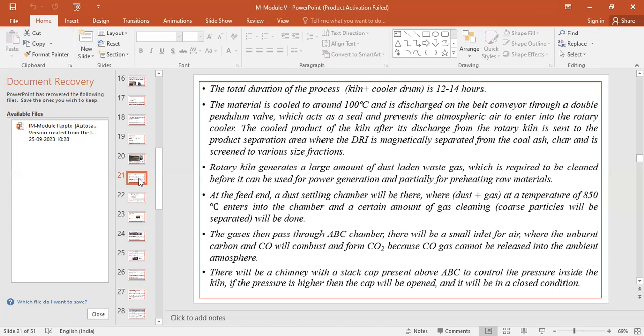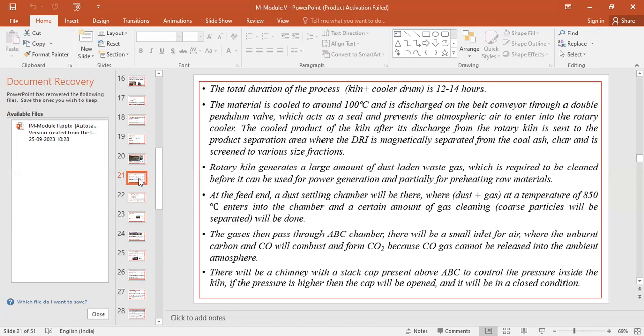That is the entire mixture you have. If you want to collect the cold DRI, we need to separate this tar and coal ash from the DRI. For that, we basically use a magnetic separator. DRI has magnetic properties, so it will stick to the magnet, and the rest of the parts, coal ash and carbon, don't have magnetic properties, so they will get separated.